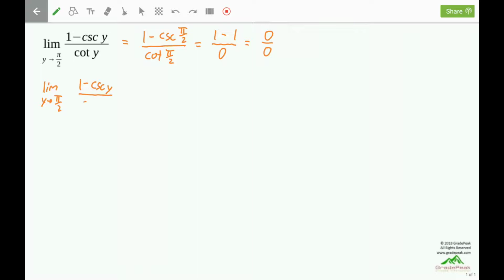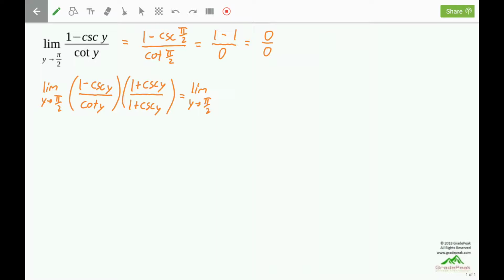So I'm going to rewrite the exact expression and multiply by the conjugate of the trig combination, which is the same two terms but with the opposite sign between them. That'll be 1 plus cosecant of y. I'll put it in the numerator and denominator so that we are multiplying by a form of 1. We're not going to change the value, just the look.